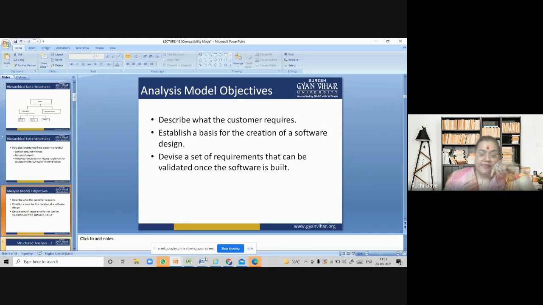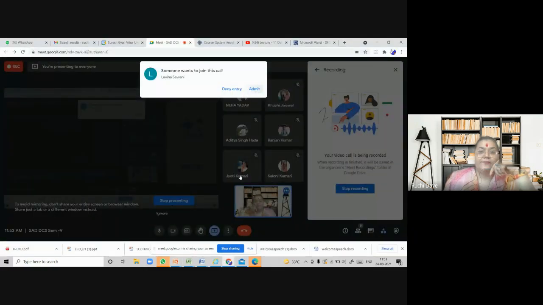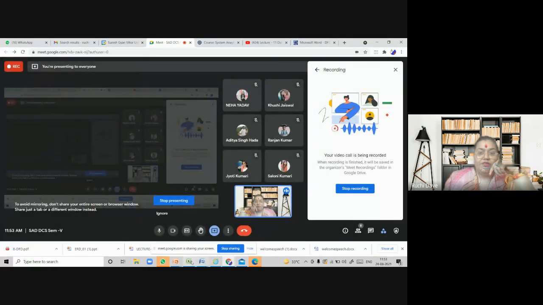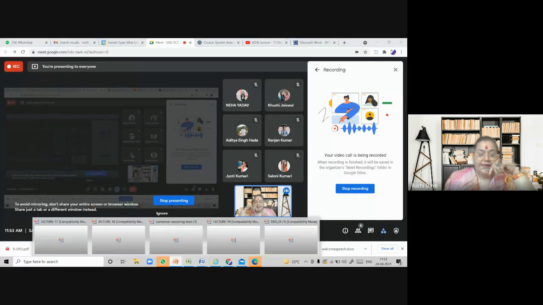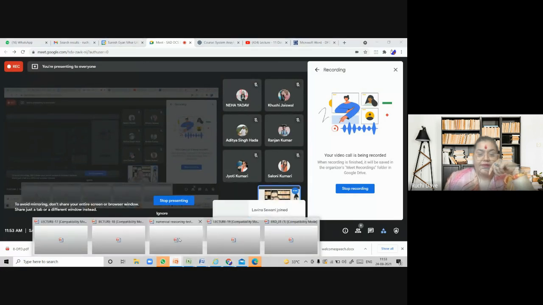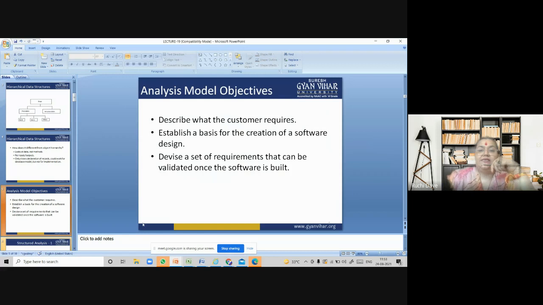What I want to say is that it devises a set of requirements that can be validated once the software is built. Then afterwards you can actually check that out.